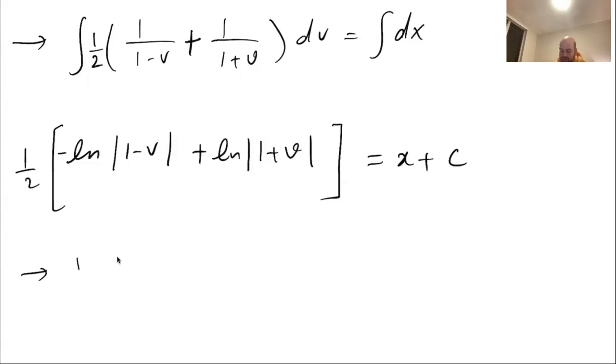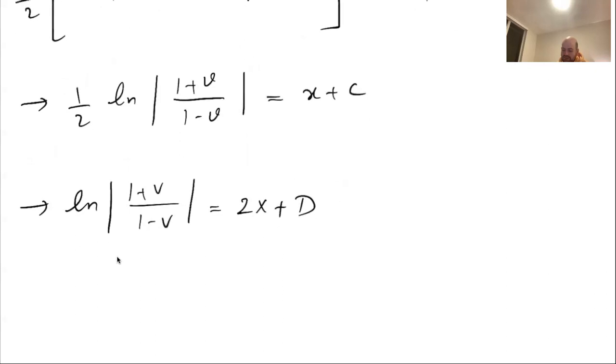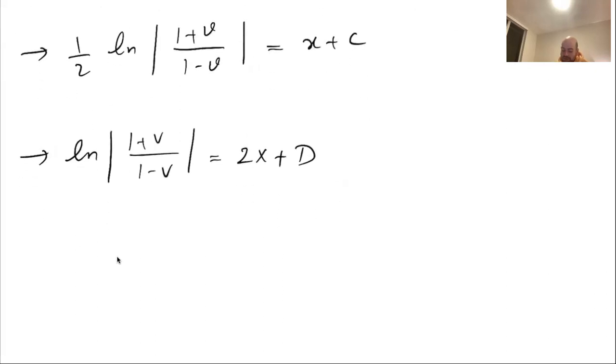And then I can write this one as 1/2 ln absolute value 1 plus v divided by 1 minus v equals x plus c. And that means ln absolute value 1 plus v divided by 1 minus v equals 2x plus, we call it d, 2c, which I can call d. D is 2c.